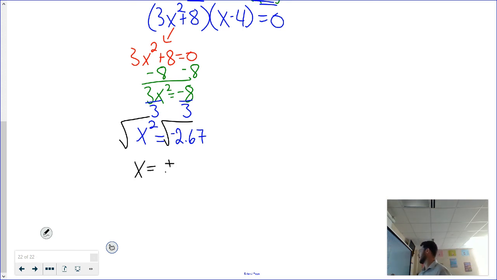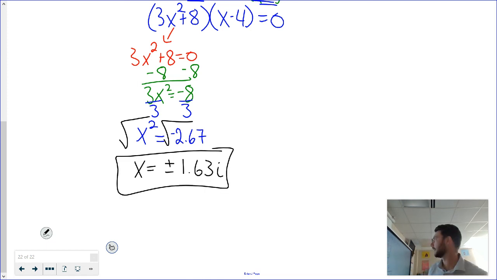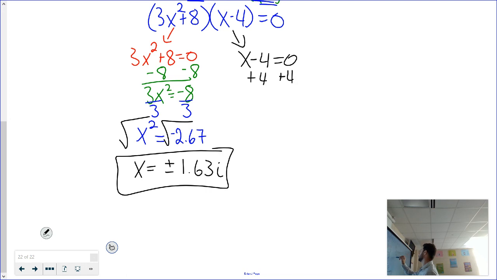So x equals plus or minus 1.63i. Don't forget the i there. This one is imaginary. The other one just comes out and says x minus 4 equals 0, or if we add 4 to both sides, x equals 4. That one was quick and easy.